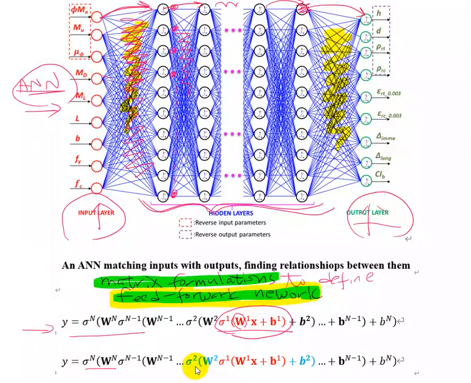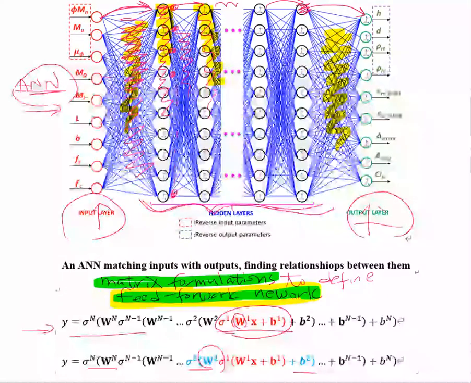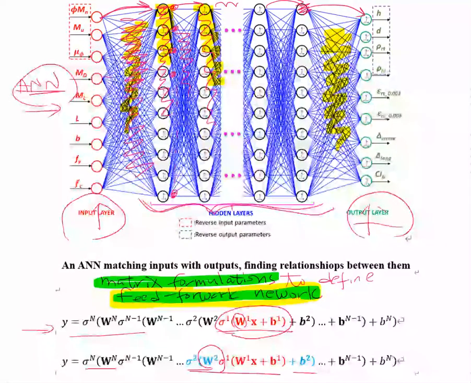The one in blue also represents the relationship between the first hidden layer and the second hidden layer. So this is also a very convenient way to represent artificial neural networks in function form.